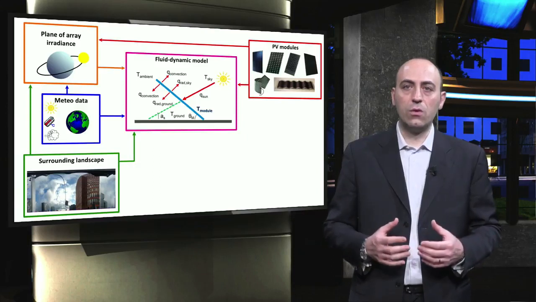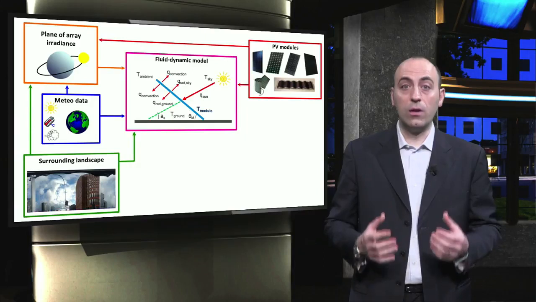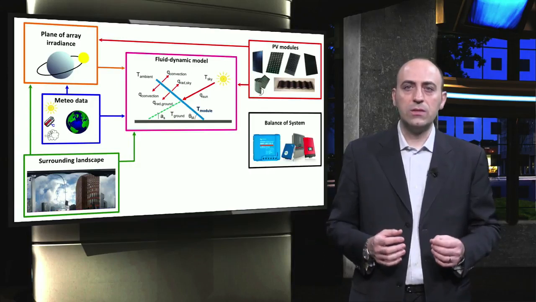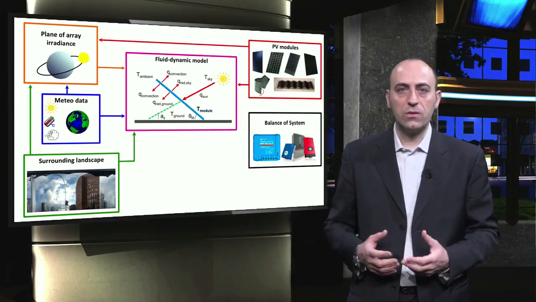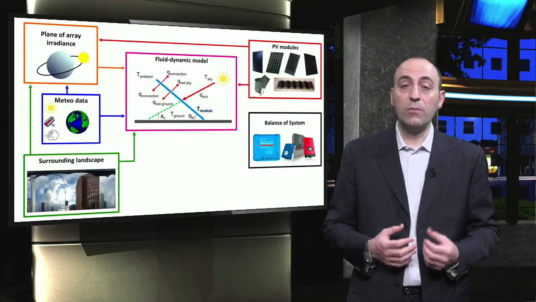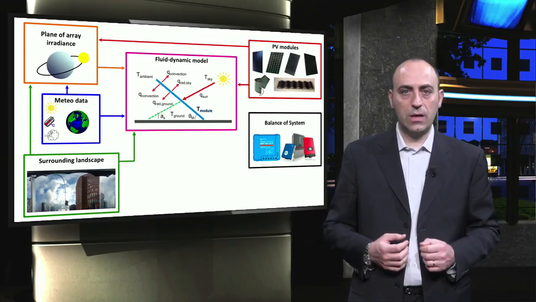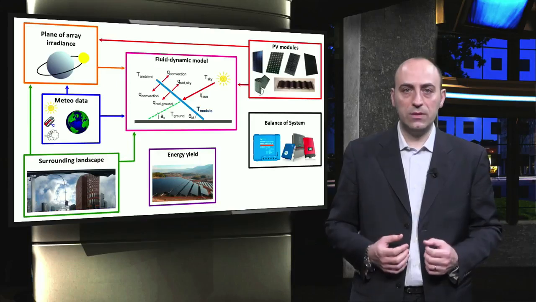However, as we saw in the previous video, the PV system consists of more than only modules. The balance of system components, such as charge controllers and inverters, introduce additional losses and limitations that have to be considered during the PV system design. Finally, we can accurately estimate the energy yield of a PV system.